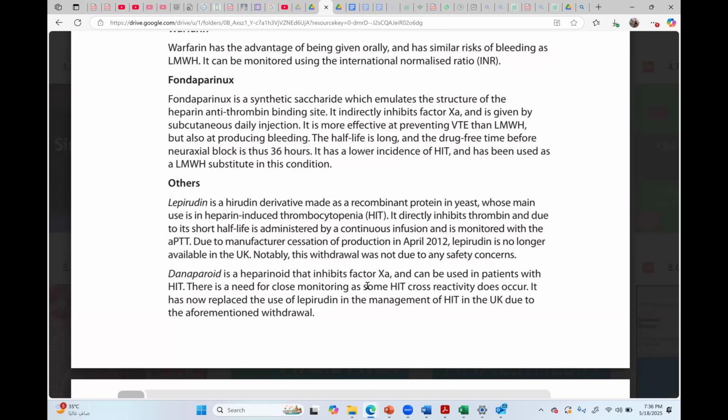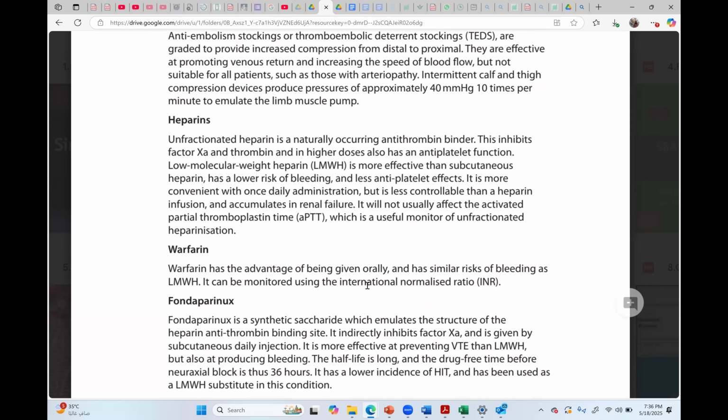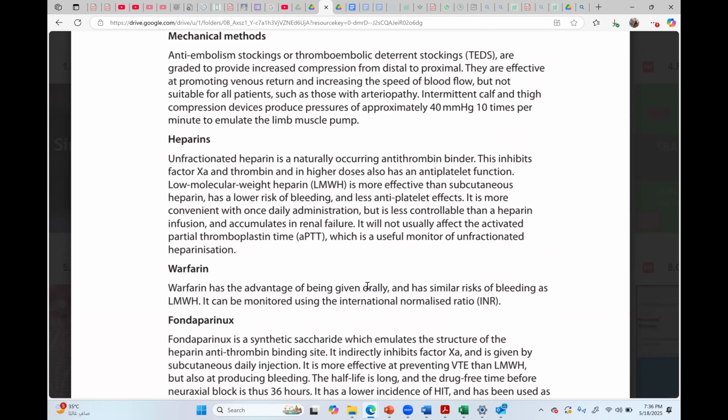It directly inhibits thrombin. So you see the mechanism of heparin is through antithrombin and factor 10A, but the factor 10A effect is less, so the indirect effect is less. Low molecular weight heparin has more of its effect through factor 10A.